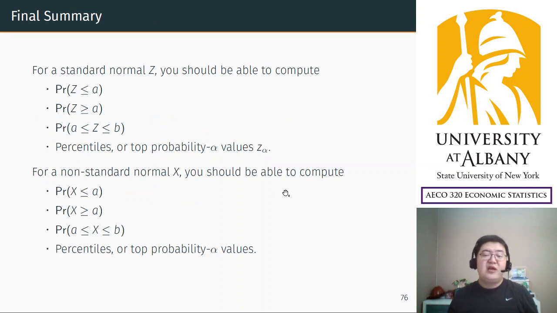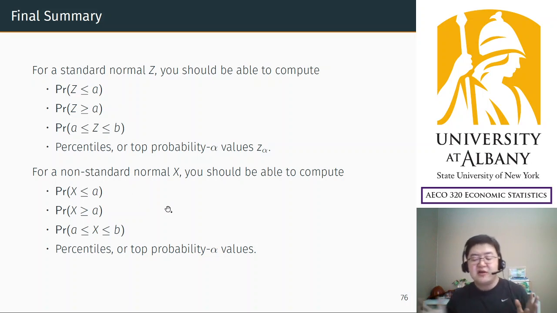Okay, finally, we learned these guys. You have to be able to compute probabilities about the standard normal distribution and percentiles and top probability alpha values. And then use that information and the standardization method to compute the same quantities for any non-standard normal distribution.